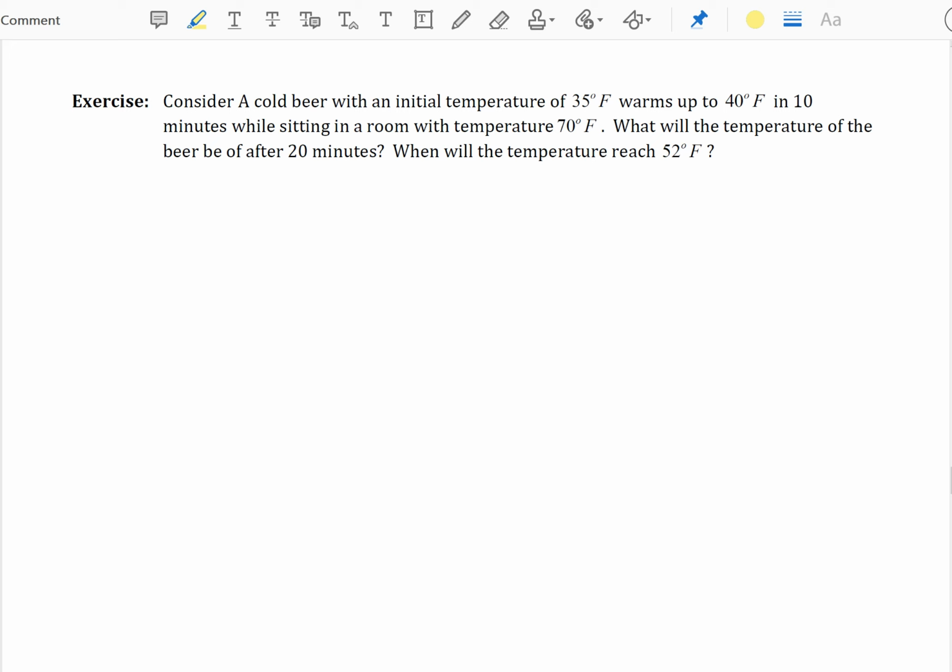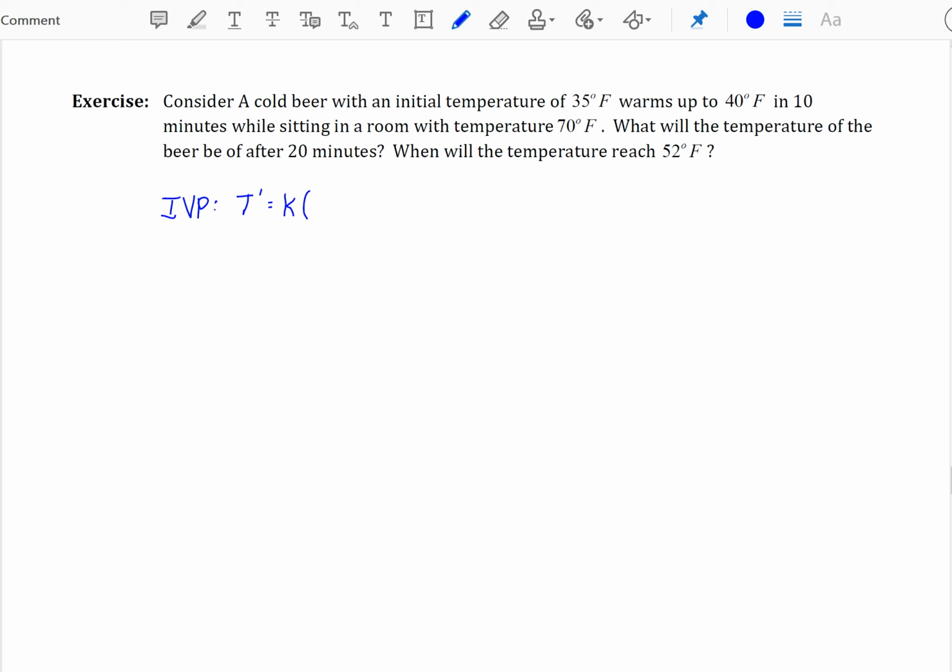Okay, let's see how you did. So let's first write the DE, or I should just write the initial value problem because we're going to include the initial conditions. So let's write the IVP. Here we're going to have the temperature of the object, T prime, is equal to your proportionality constant K. Remember, it's always going to be the difference in your ambient temperature and the temperature of the object.